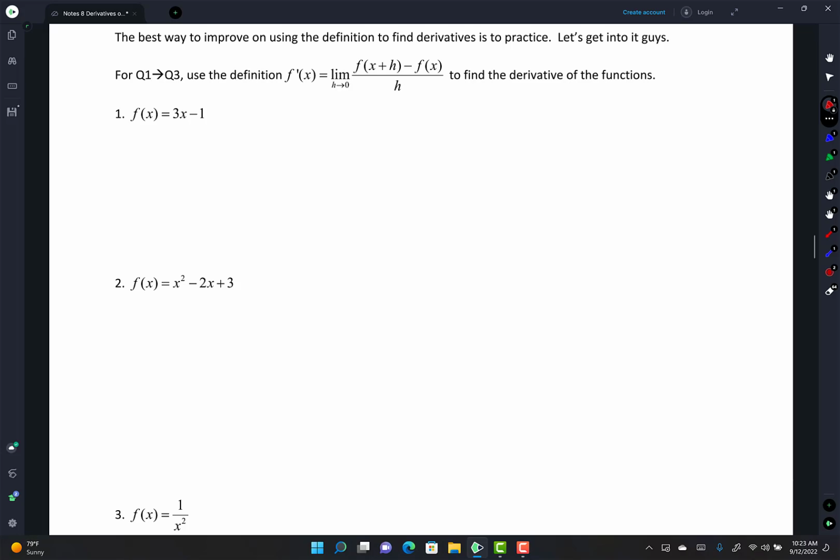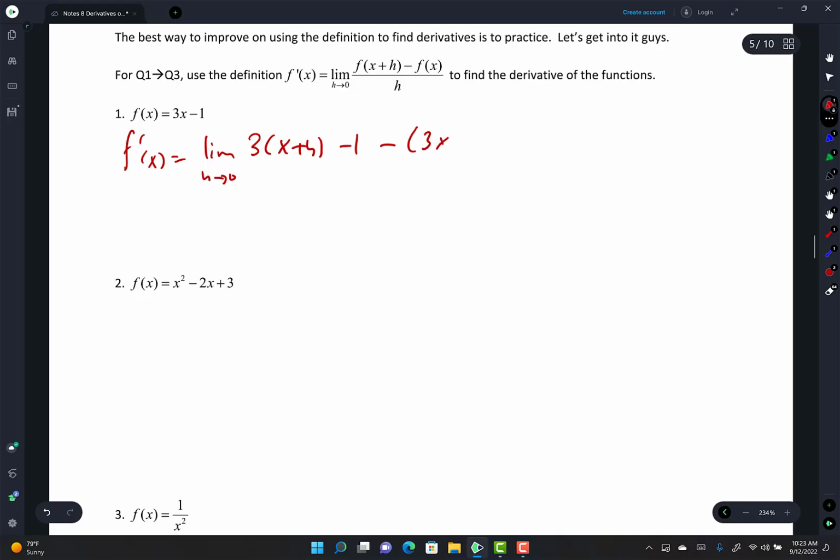Let's find out. Limit as h approaches 0, 3 parenthesis x plus h minus 1 minus parenthesis 3x minus 1 all over h. Limit as h approaches 0.